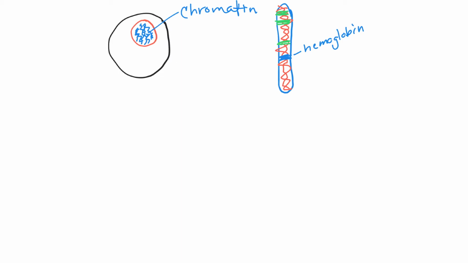The first process is transcription, and transcription occurs in the nucleus because the DNA can never leave the nucleus. All the instructions for the proteins are in the chromosomes in the nucleus, and those instructions are very important.